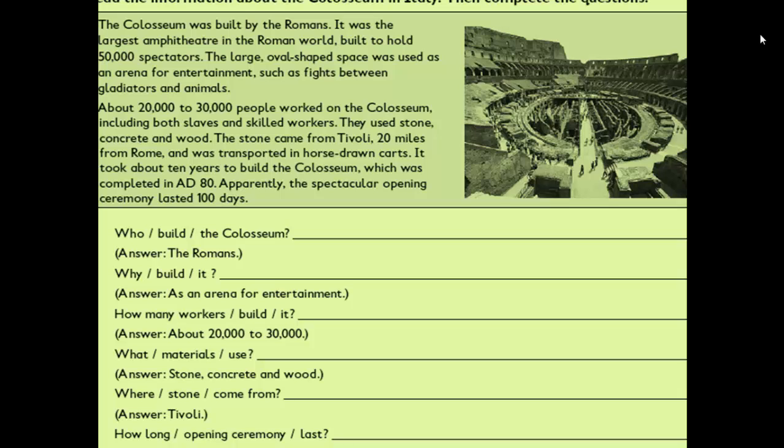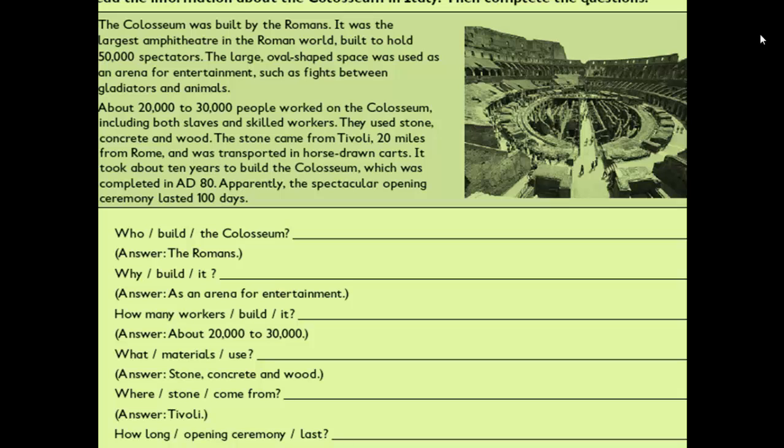About 20,000 to 30,000 people worked on the Colosseum, including both slaves and skilled workers. They used stone, concrete, and wood. The stone came from Tivoli, 20 miles from Rome, and was transported in horse-drawn carts.